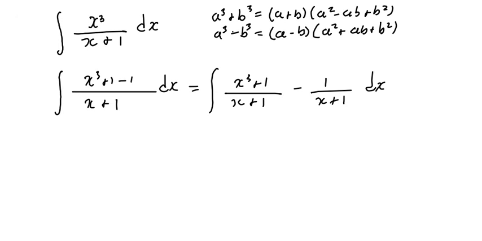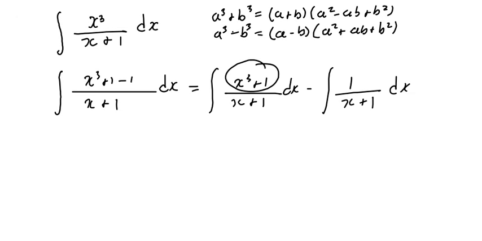If I want, actually, I can write these as individual integrals, which are just going to be more like you have your dx here minus the integral of 1 over x plus 1 dx there. Okay, so this one here is pretty much easy to work with. Let's try to focus on this one.